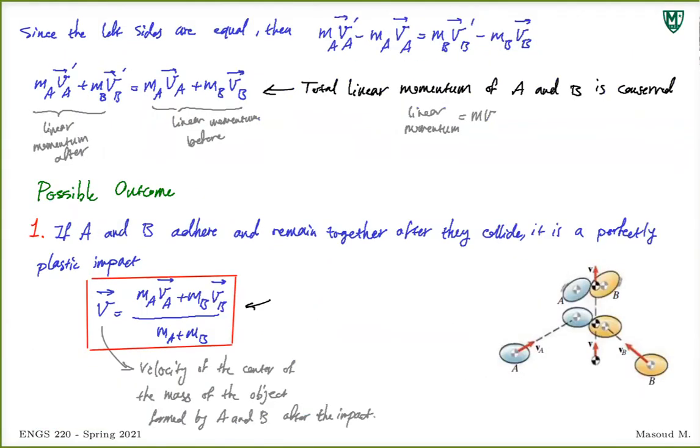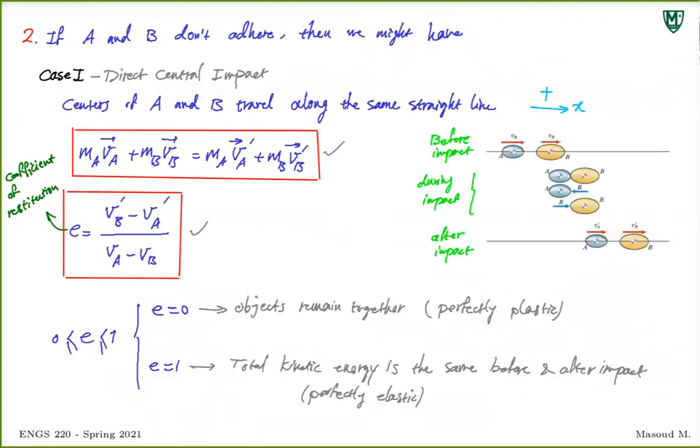So there are two possible outcomes. One would be if these two objects involved in this impact adhere together, they stick together after the impact. That was outcome one, and there's only one velocity we have to calculate, and that's the velocity after the impact. Then we can have a case where these two objects do not stick together, right?